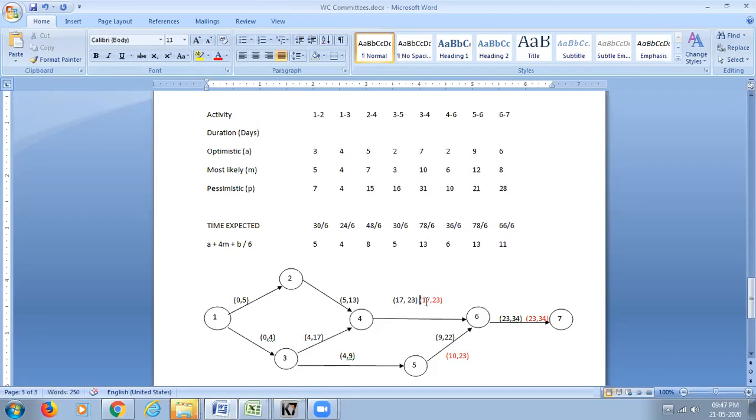The activities before 4 to 6 are 2 to 4 and 3 to 4. They should end at 17 because 4 to 6 starts at 17. 2 to 4 should have ended at 17. Right. So what we are going to do is we are going to bring it here.